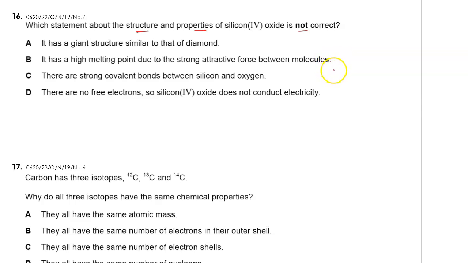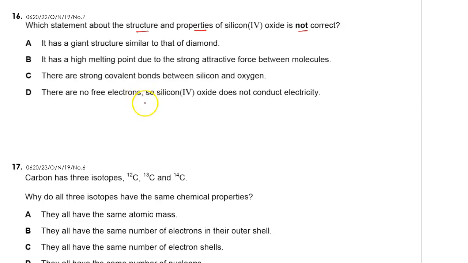Sand, which is found on the beaches and in the rivers, has a very high melting point because it is made up of extensive covalent bonding, which you need to break all of them to melt silicon dioxide. So it has a high melting point due to those extensive strong covalent bonds.